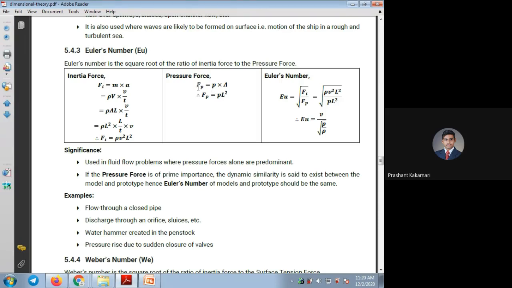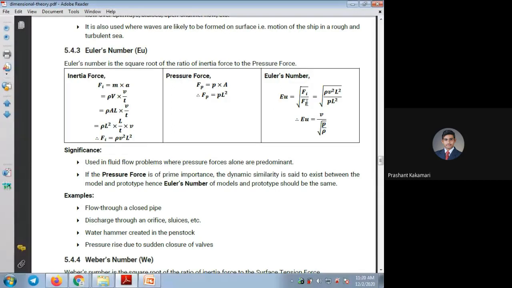How is the pressure force written? Pressure is force per unit area, so force due to pressure is pressure into area. If you multiply those two, I get P into L squared. Remember that area, volume and other things should be converted into linear dimensions, so A is written as L squared.